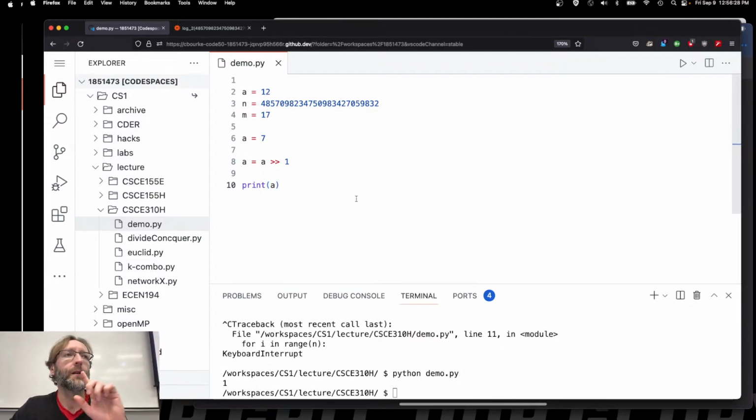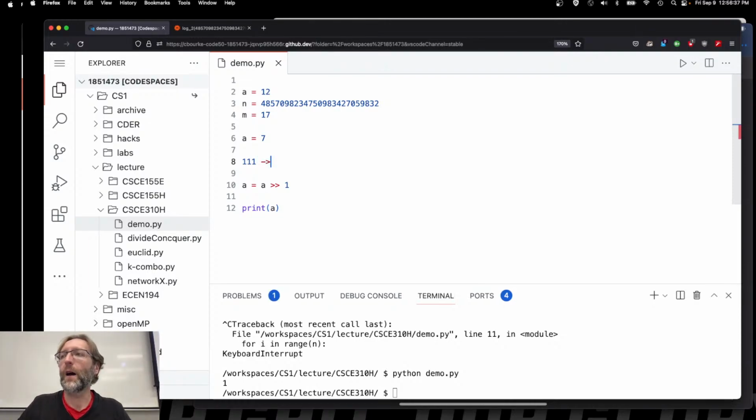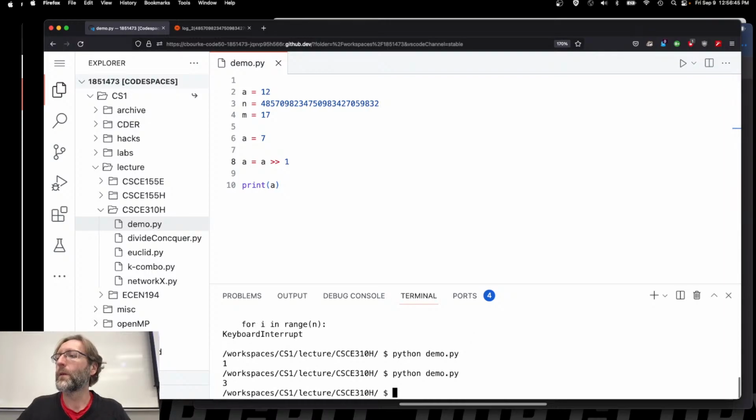Now that's a right shift by 1 bit. So again, if I've got a is 1, 1, 1, and I shift it to the right, losing that lowest order bit, what do I get? 0, 1, 1, which is 3. I can go the other way.